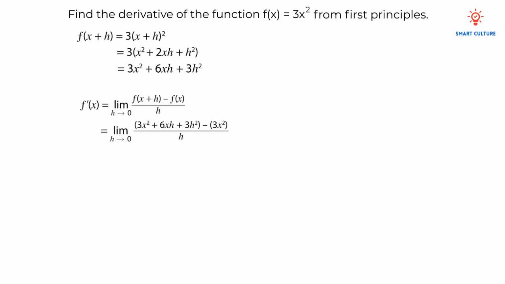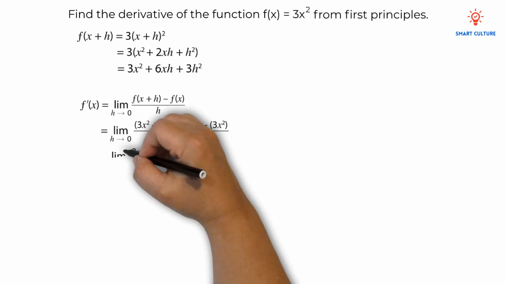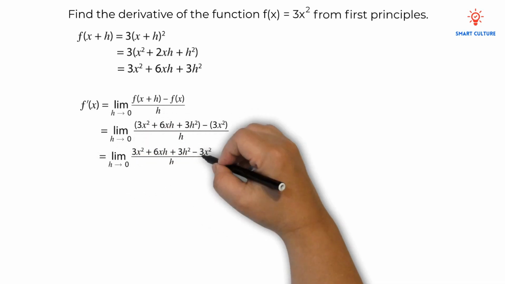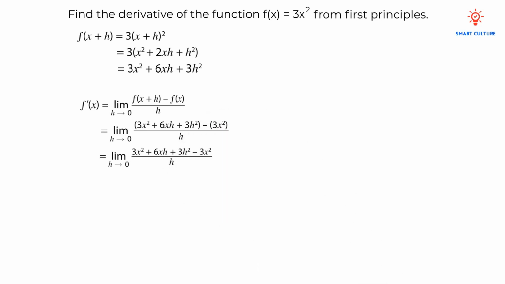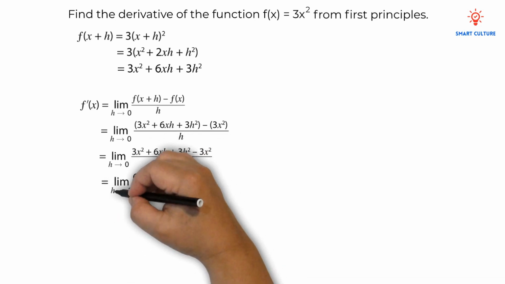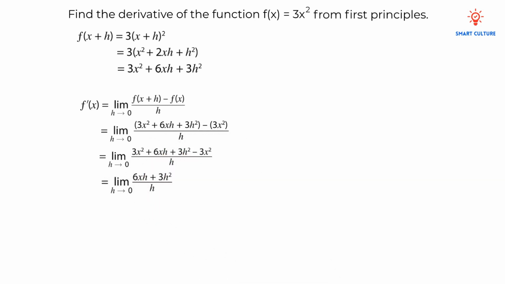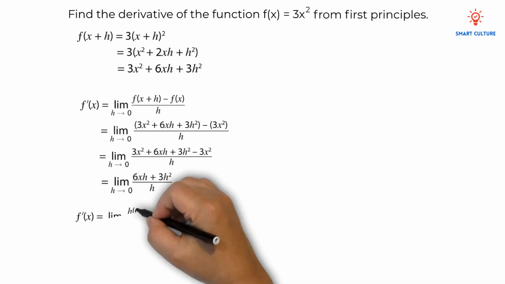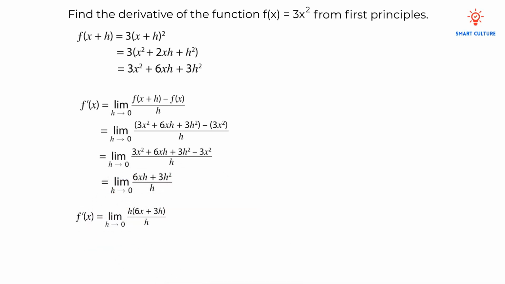What we'll do next is simplify. 3x squared minus 3x squared is equal to 0, so that will cancel out. Now we have 6xh plus 3h squared divided by h. The next thing we have to do is take out the common factor of h. So we'll factorize, then we have h brackets 6x plus 3h divided by h.